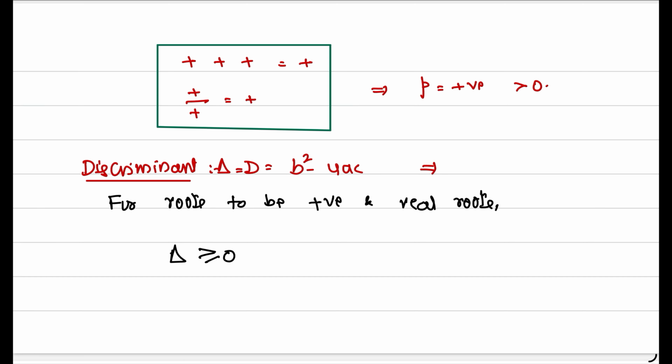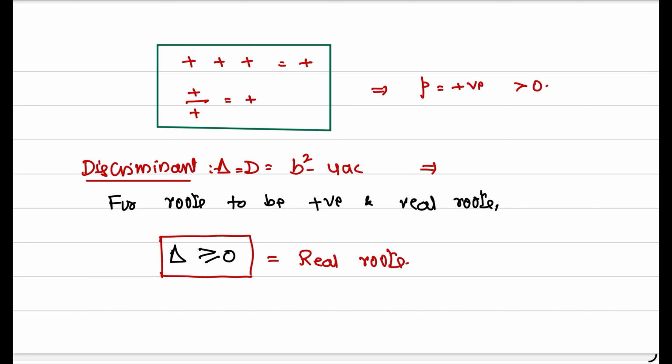This is the condition. Delta should be greater than or equal to 0 for real roots, because we don't want to go into the plane of complex numbers. We want only real positive roots.